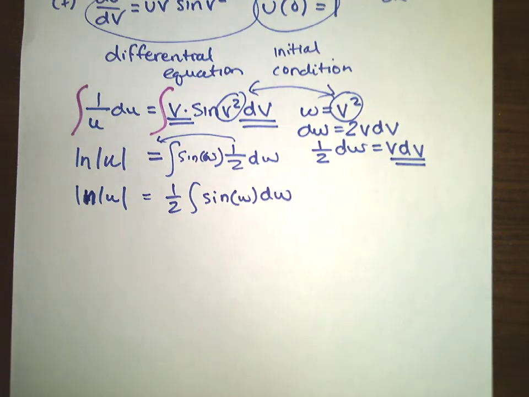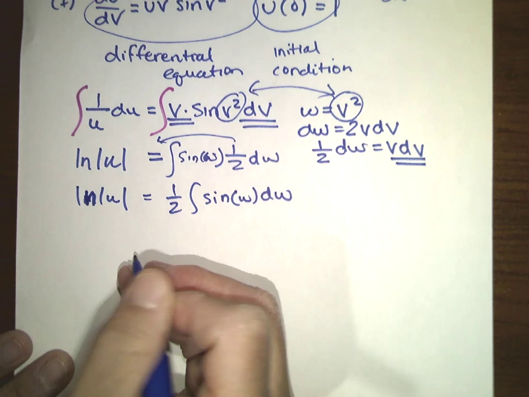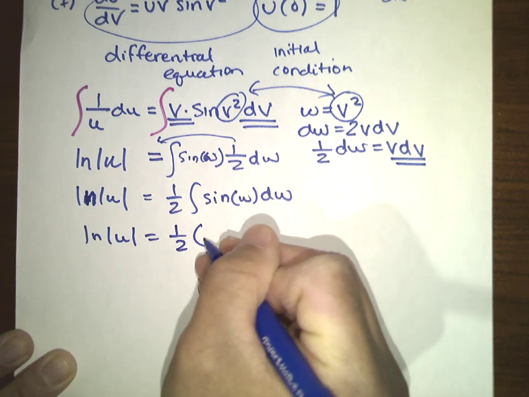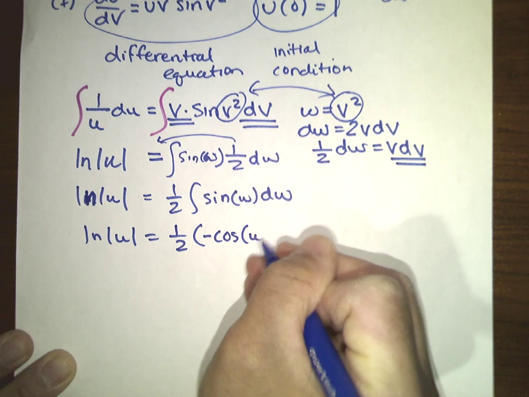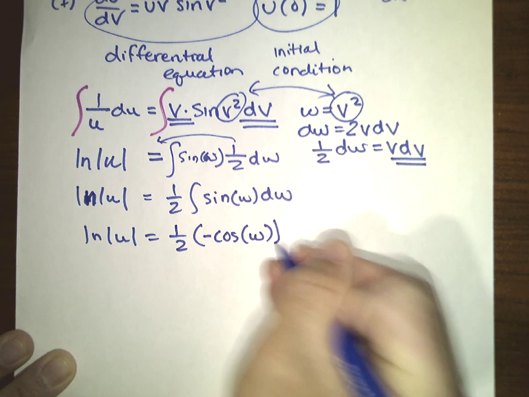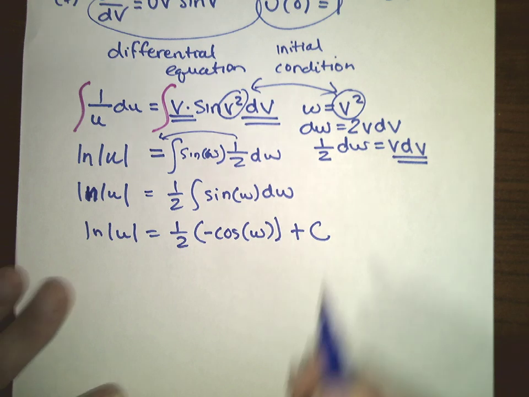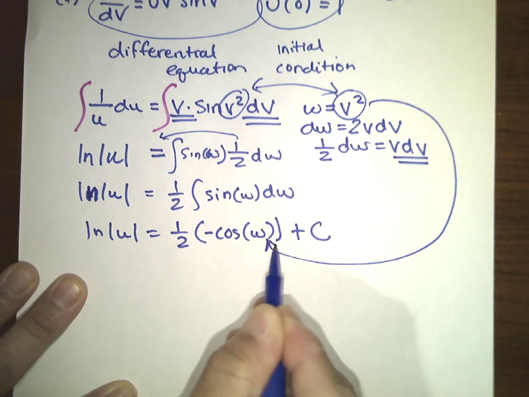And then if I find the antiderivative of sine of w, that will be negative cosine of w plus c. And then I can go ahead and substitute the w back in. So that was v squared.